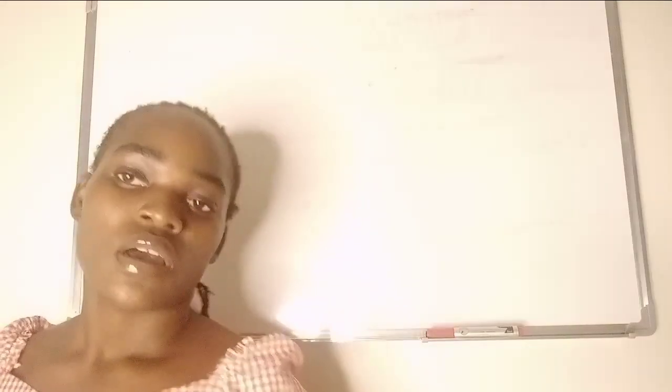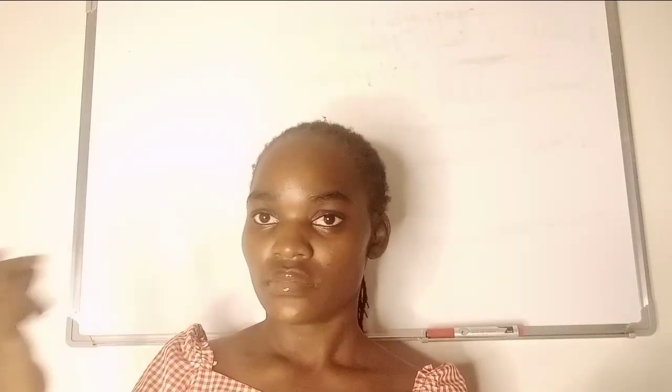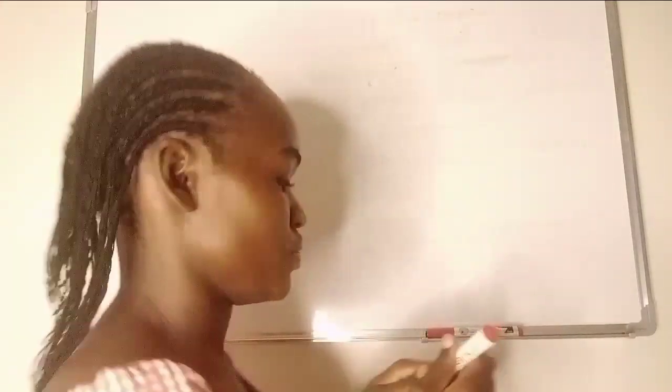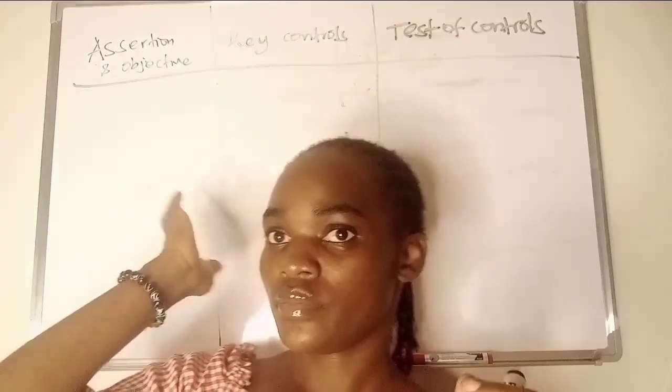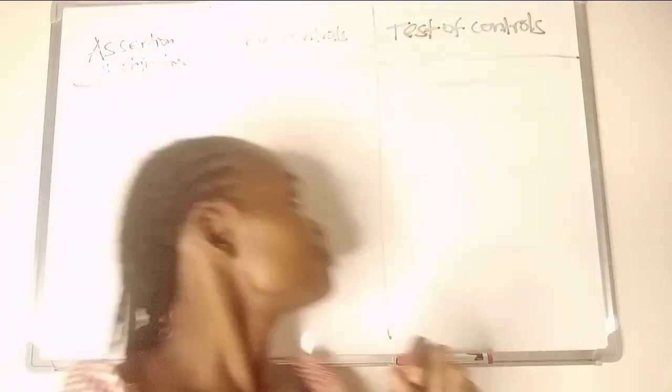So let's look at the assertions for sales, then the objectives of each assertion, then key controls and test of controls. We looked at the definition of assertions and examples in previous videos, such as occurrence, completeness, presentation, and so on.